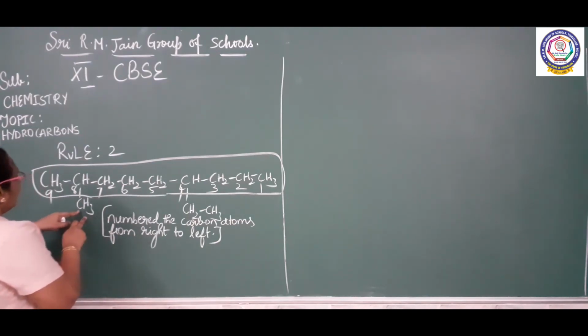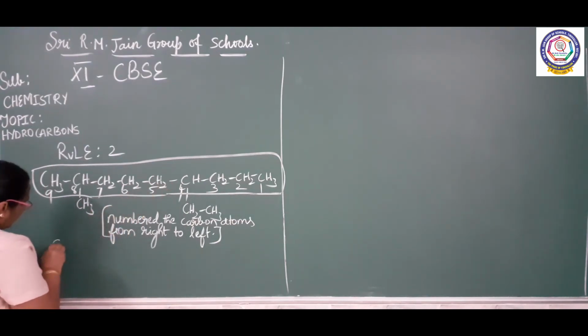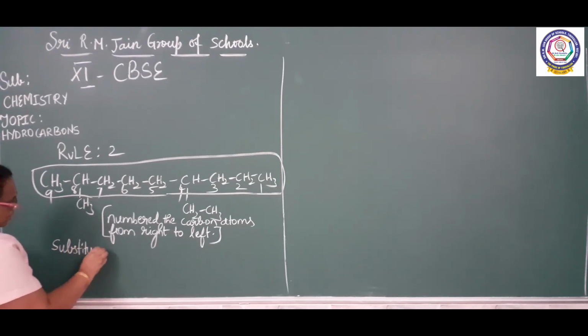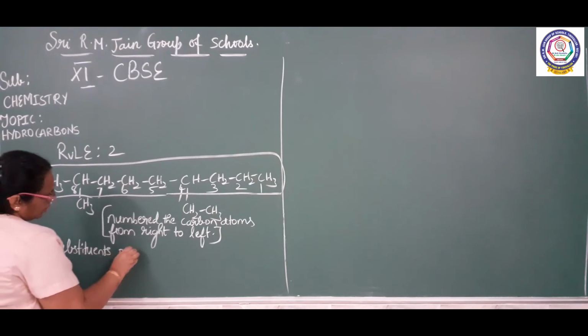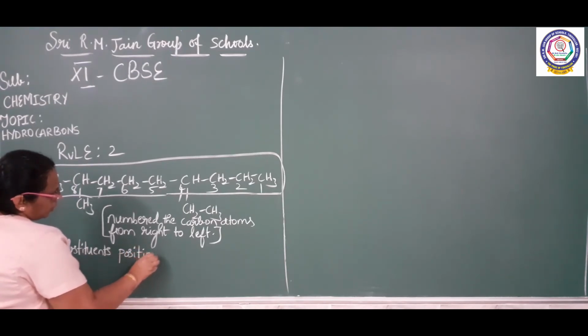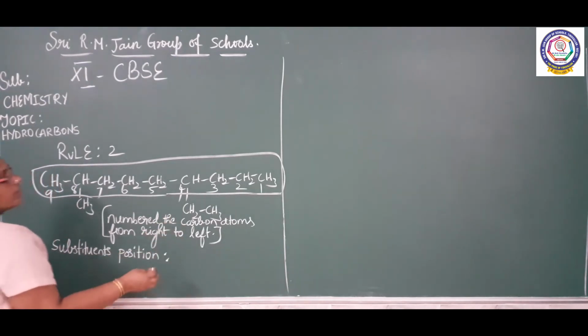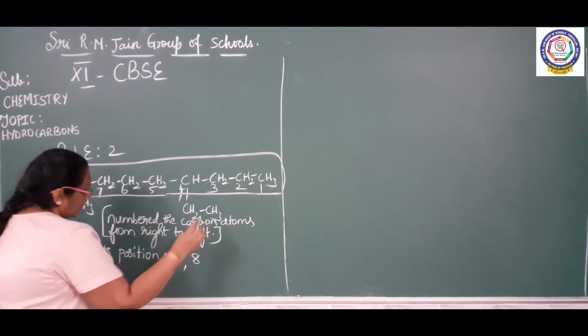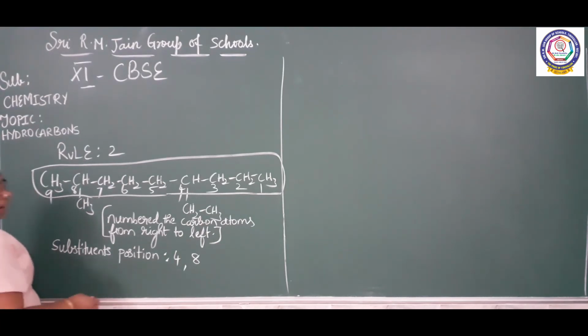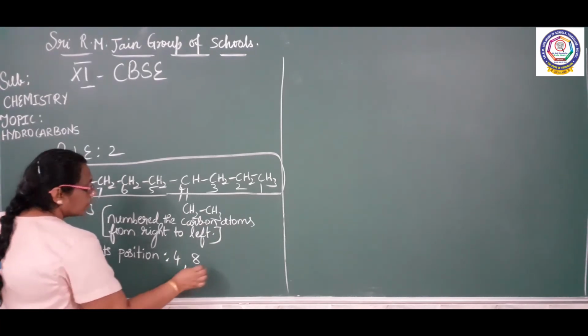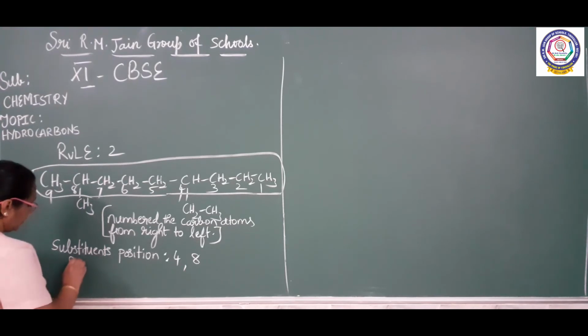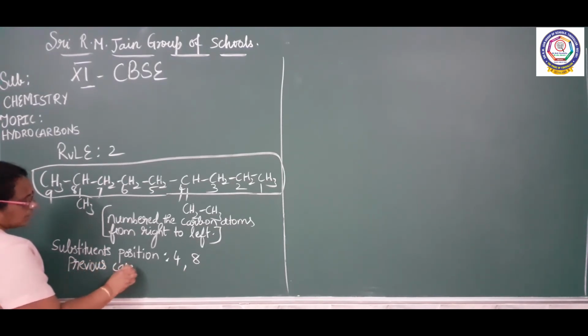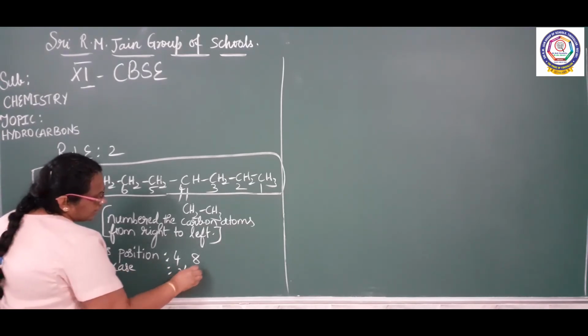So what is the least position here? The substituents' positions here: one is 4, again 8. In the previous case we got 2 and 6.